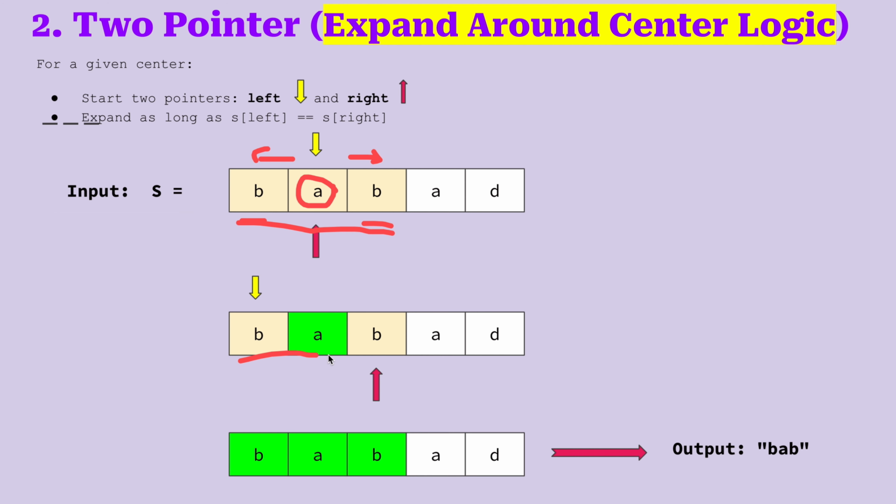After expanding, left is here and right is here. If we expand further, we will not get the same character, so we stop here and return this palindrome that you can see here. This part is our palindrome, and we return the palindrome, or you can say the length of the palindrome. Okay.